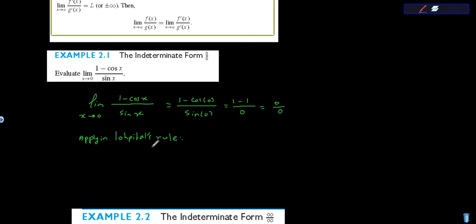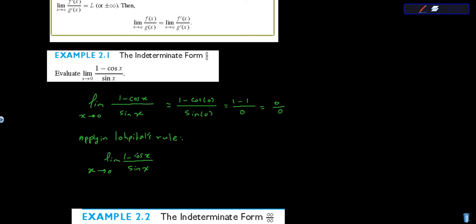You should differentiate the numerator and differentiate the denominator. Here, what is the numerator? 1 minus cosine x. Differentiate this. This equals the limit of 1 minus cosine x over sine x as x approaches 0.